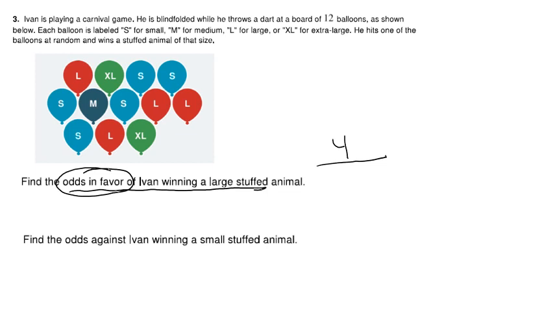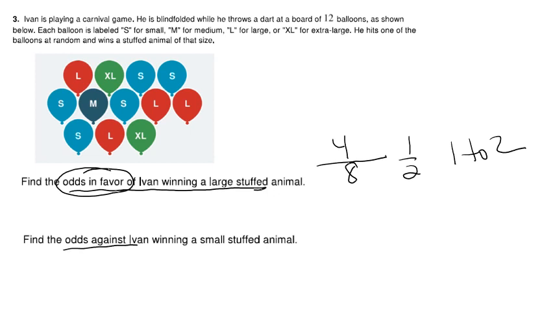Well, that is 8. 8 of them are not large stuffed animals. So 4 to 8, which is the same thing as 1/2. So 1 to 2 is another way of expressing it.